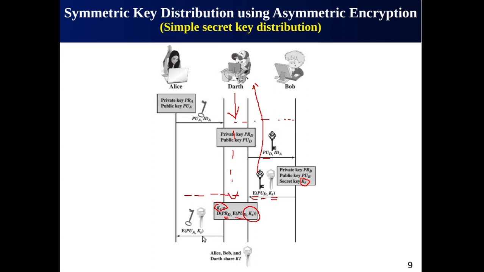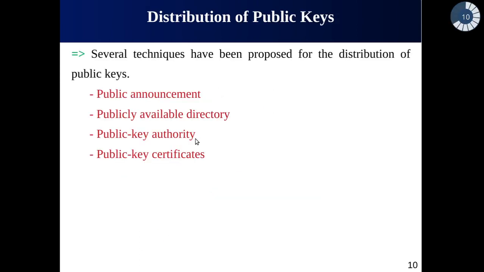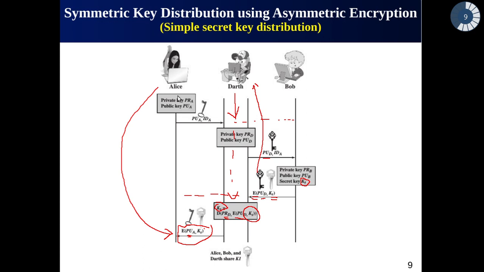Now he will send the secret key towards Alice and will change the public key of D to the public key of Alice. Now Alice would be able to decrypt this message as well, because this message has been encrypted with the public key of A. So she is able to decrypt this message with the help of the private key of Alice.